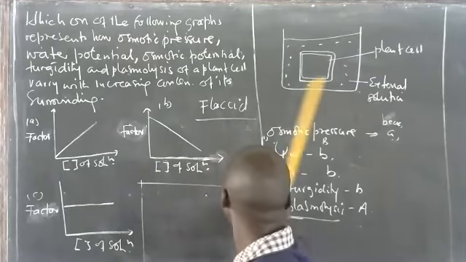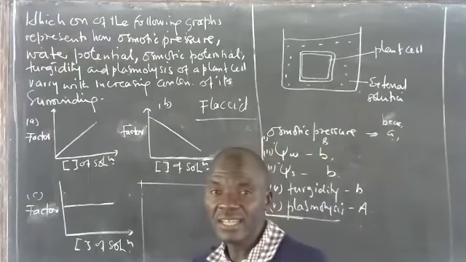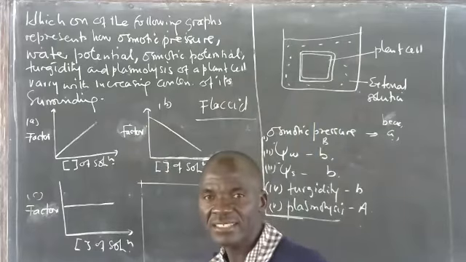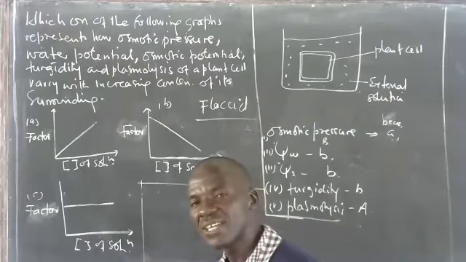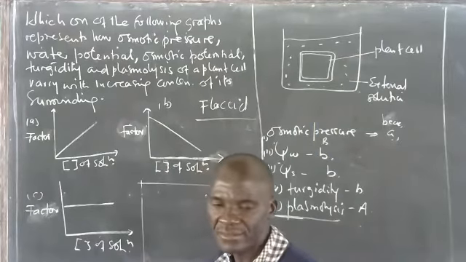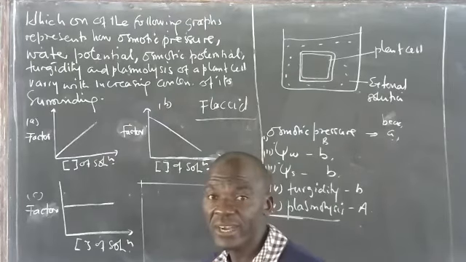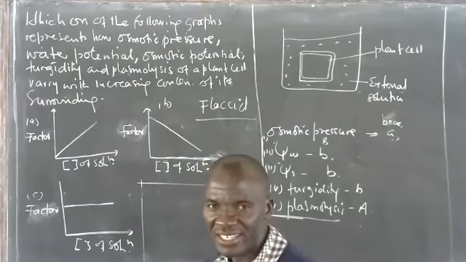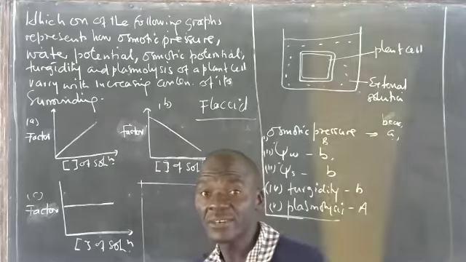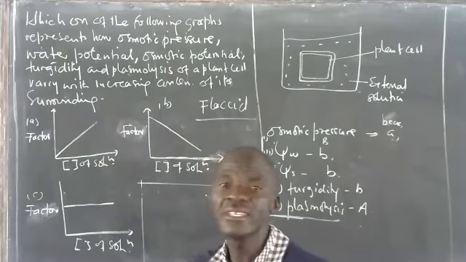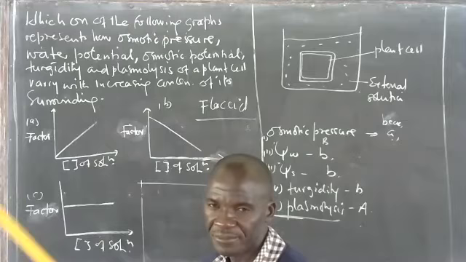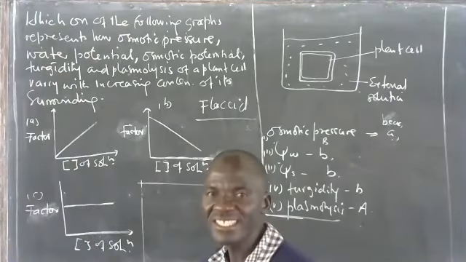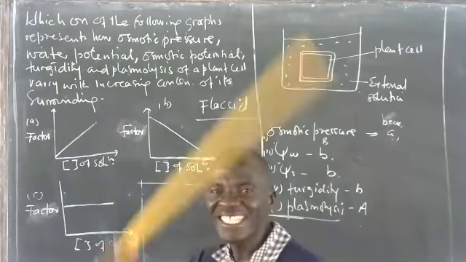And as you increase the surrounding concentration, the cell starts losing water, the vacuole is becoming smaller, and the membrane can even start pulling away. Then we say the cell is losing turgidity, or its turgidity keeps on decreasing. So turgidity will be varying in the same way.